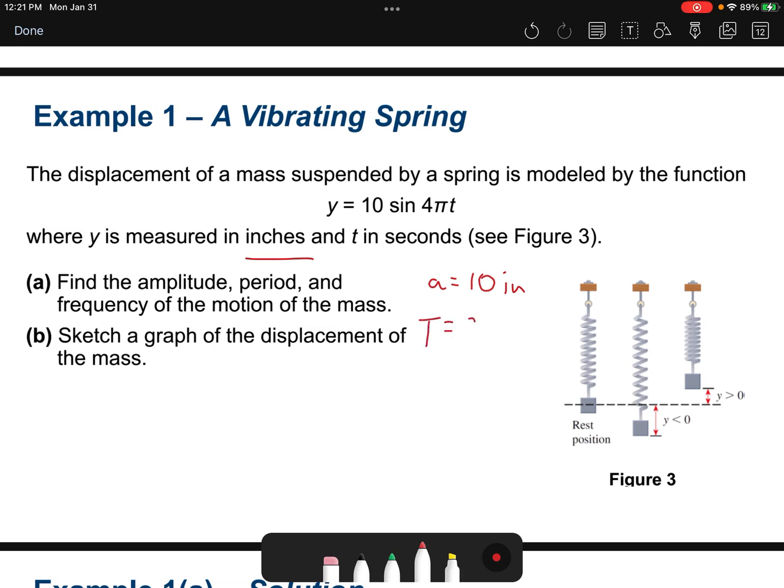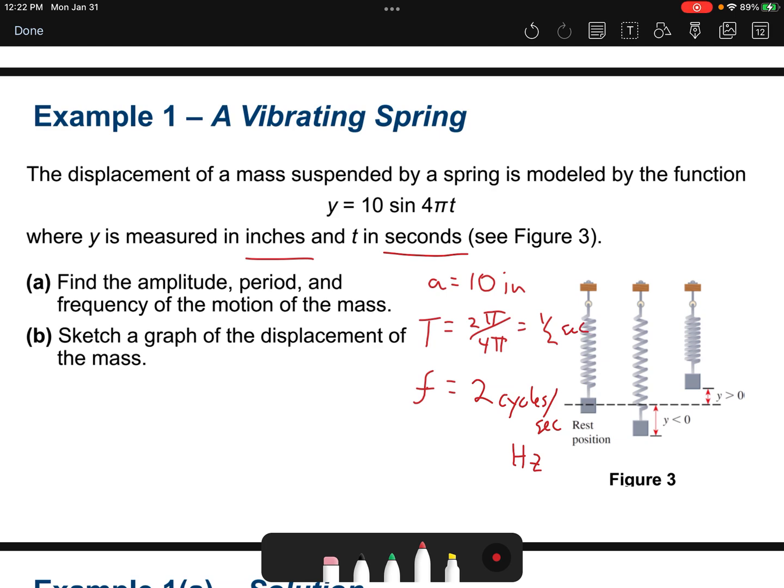The period is 2 pi over 4 pi, which is 1/2. Now the frequency is the reciprocal of period, which is 2. 2 cycles per second, or what we know as hertz, Hz. Oh, I also forgot this is seconds as well, 1/2 of a second.